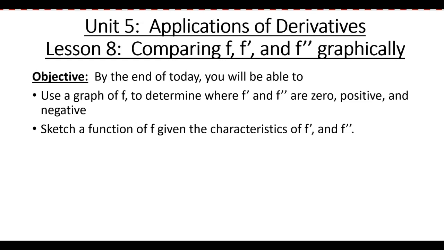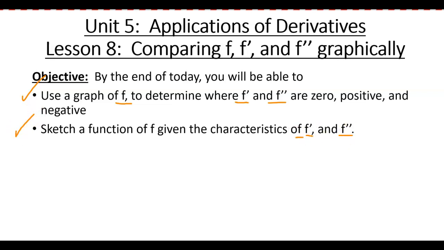Well, today we're going to start by using the graph of an original function f to determine where its first derivative and second derivatives are 0, positive, and negative. So we're not going to look at graphs of the derivatives yet, but we're going to use the graph of f to discover some facts about the derivatives. And then also I'm going to give you some facts about a function, its derivative, and its second derivative.